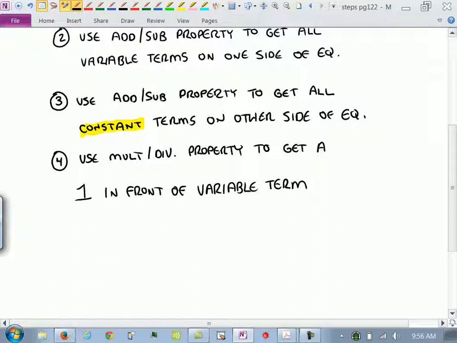That's very similar to what you did in your homework, right? Trying to get rid of that 2/5 in front of the A or whatever it was. So we want to multiply or divide both sides by something to get that.